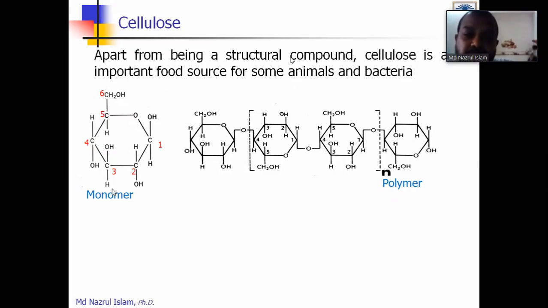So cellulose makes wood. However, it is also very good food for animals and bacteria, because it is made from glucose. If we can break it down, we get glucose, which everybody takes to get instant energy. Bacteria and fungus can secrete an enzyme that breaks the cellulose chain down so they can take it.